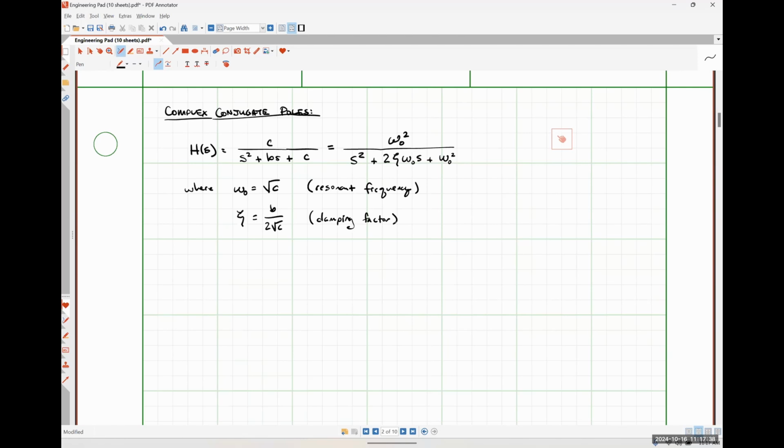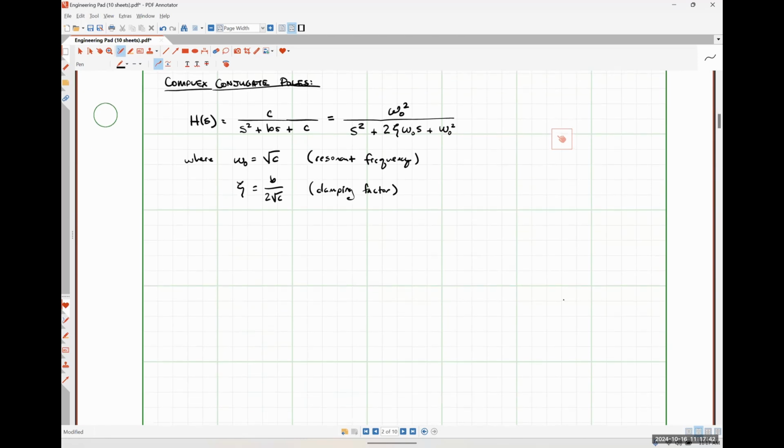So let's go through a few cases here, okay? Or actually, if we were to try to put this thing in our standard form, okay?